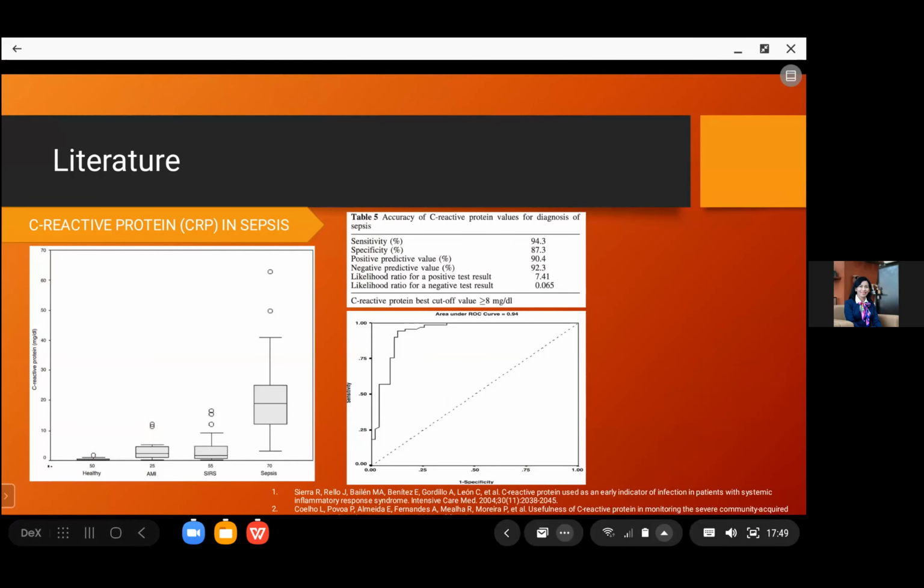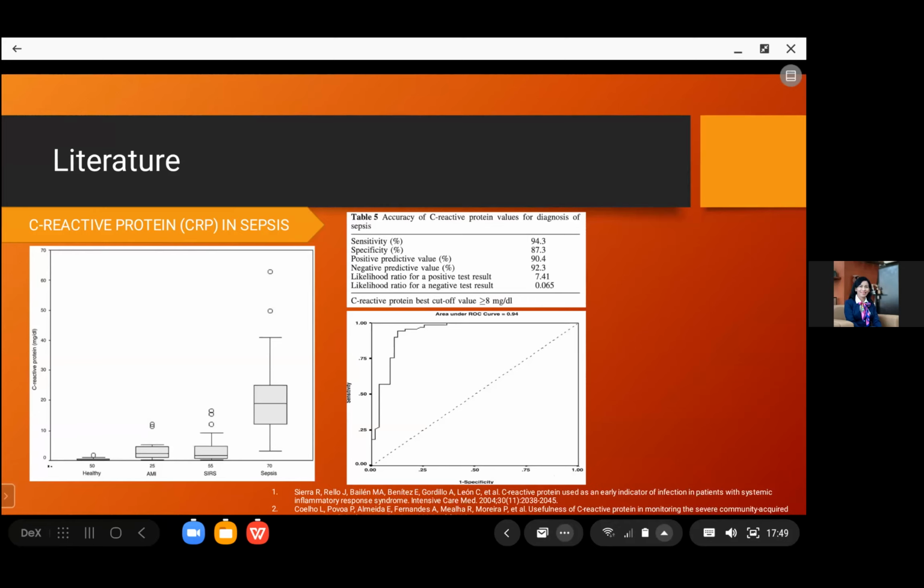In this slide, we can see the significant difference in level of CRP in healthy volunteers, controls, acute myocardial infarction patients, and SIRS and sepsis. In healthy volunteers, the CRP concentration was 0.21, which was lower than those of the other groups.